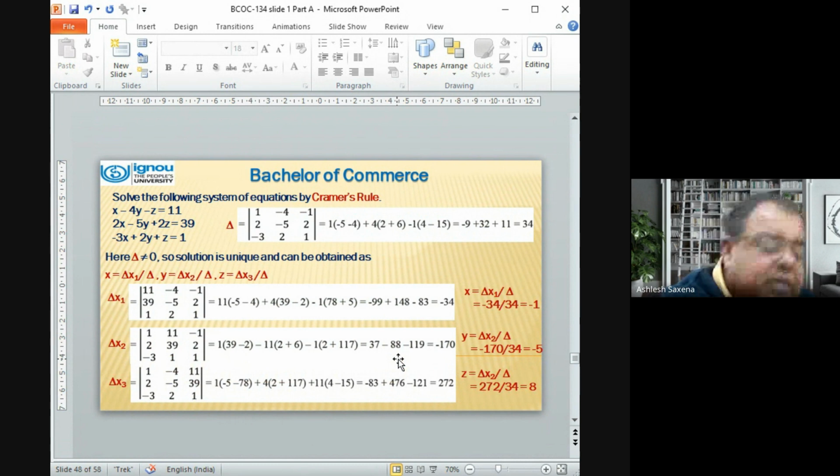Pick up the coefficients in the same order the way it is written. Order, sequence, nothing can be changed. So we will form the matrix 1, minus 4, minus 1, 2, minus 5, plus 2. And the third one is minus 3, 2, 1.